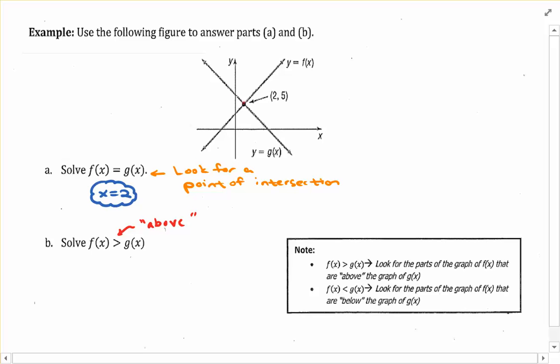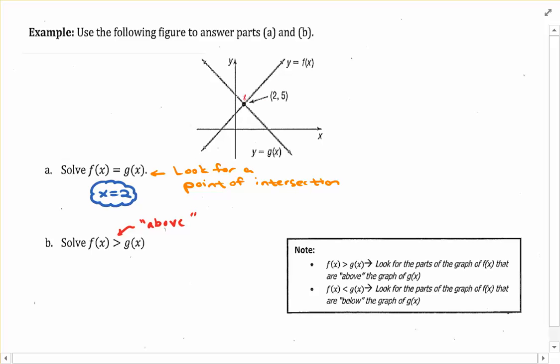All right, so we're not going to be concerning ourselves with anything in this diagram that's to the left of the point of intersection here, because to the left we're seeing parts of the graph of g of x being above f of x, whereas we want the opposite case. So that leads us to look to the right of the point of intersection. To the right of the point of intersection, that's when we start to see the graph of f of x being visually above the graph of g of x.